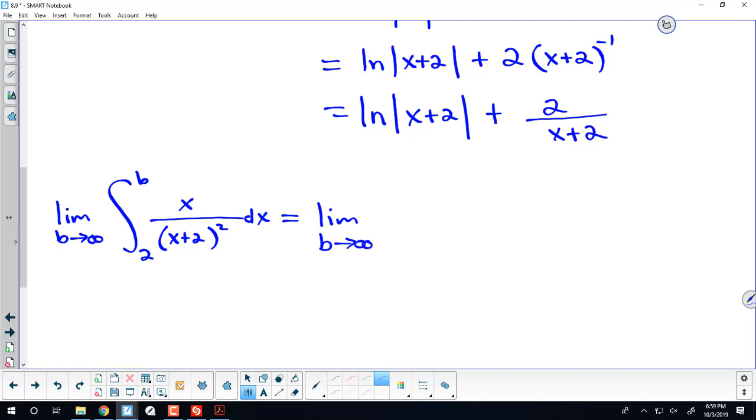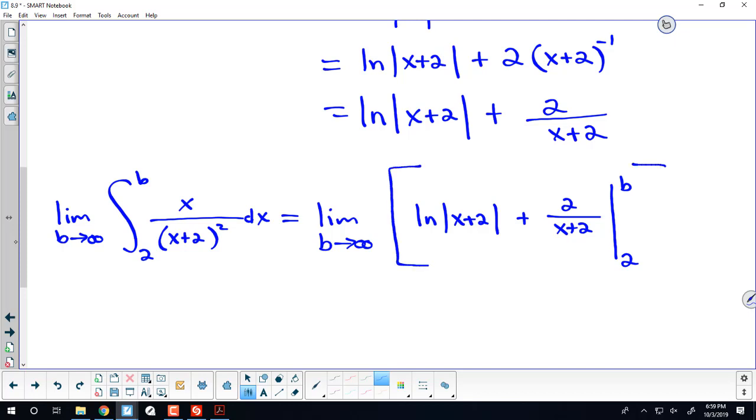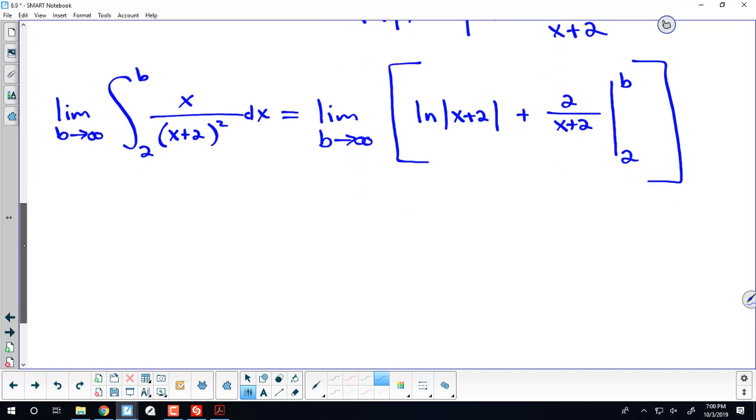Now we have our antiderivative, evaluated from 2 to b, rather. Remember, the limit here is the last thing you're going to do. So evaluate according to the fundamental theorem.